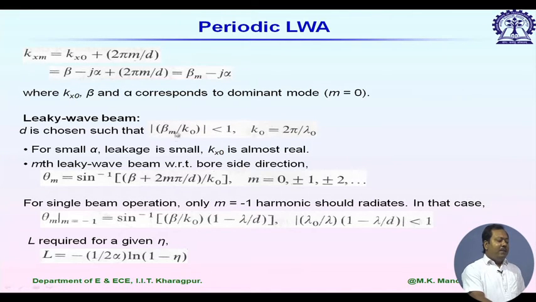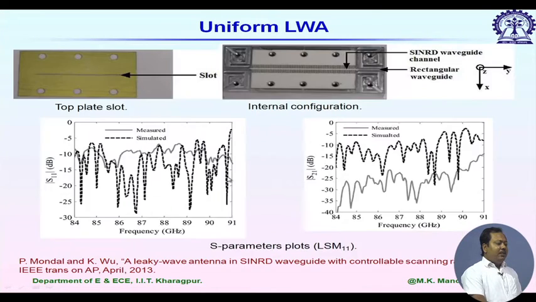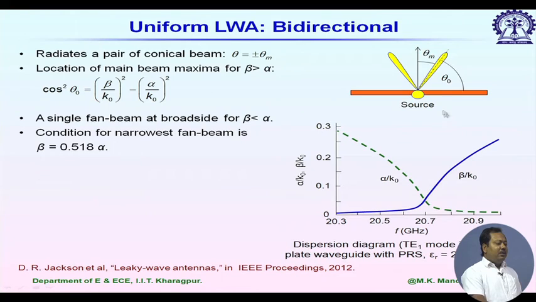So, beta m by k naught should be less than 1, and you recall k naught equals twice pi by lambda naught in free space. Now, for small alpha, leakage is small, so kx naught is almost real. For the mth leaky wave beam, just like the previous figure, we are measuring theta m from the broadside direction.